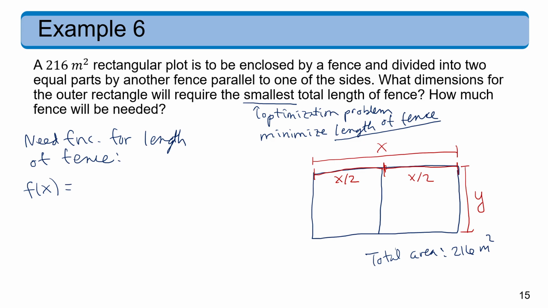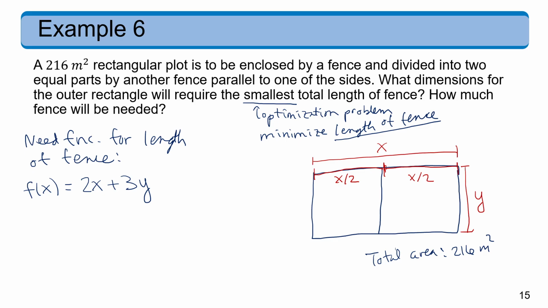Okay, so we're trying to minimize the total amount of fencing used, so we have to include all of it, even that subdividing piece. So if we add up all these lengths, we have x plus x, so that's 2x, and then y plus y, which is 2y, but then there's another y here, right? So it's actually 3y. So the total fence will be 2x plus 3y.